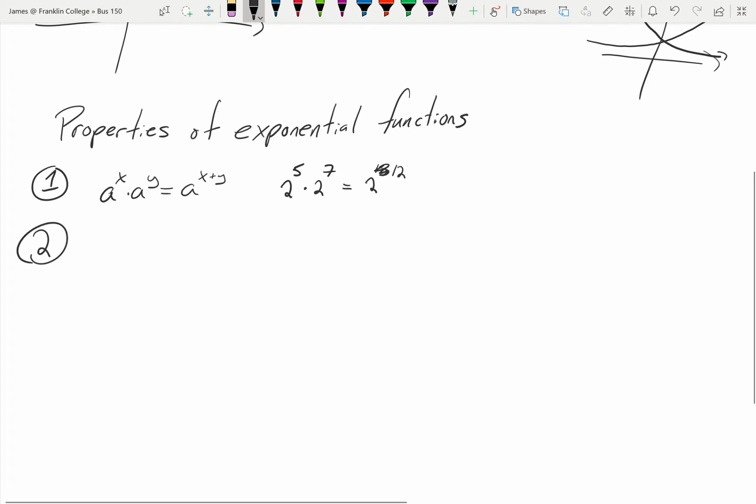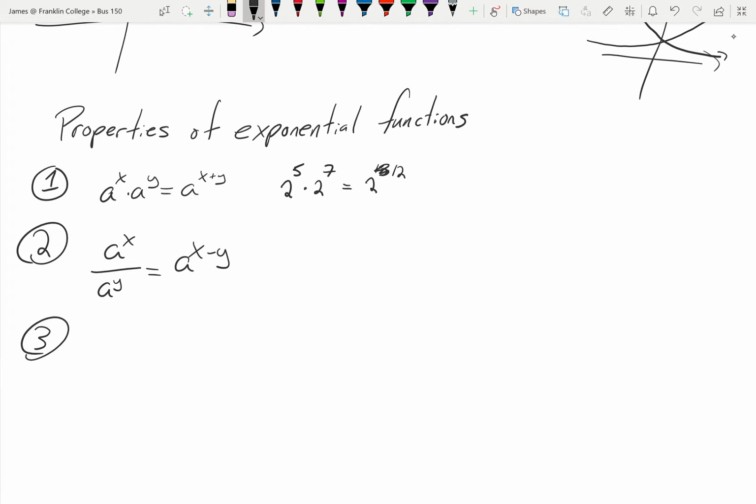Alright, the second property, we have a raised to the x divided by a raised to the y. Well, that's simply going to be a raised to the x minus y. Third property, if we have a raised to the x raised to the y, well, that's going to equal a raised to the x times y.